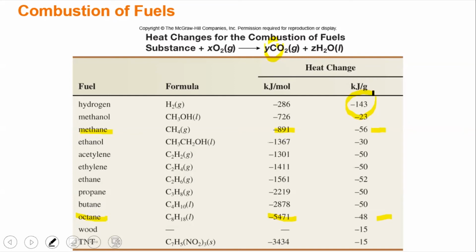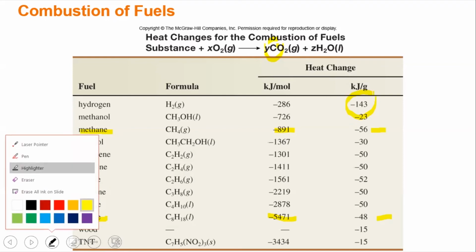In other words, if hydrogen were a fuel like gasoline, you would only need 1/3 of the weight of hydrogen in your tank to give you the same amount of energy that a full tank of octane or gasoline gives you. That would mean that your gas tank, quote unquote, would be a lot lighter, which means your car has less weight to pull around, which gives you much, much greater economy. Isn't that interesting? Let me show you another thing that I think is interesting.